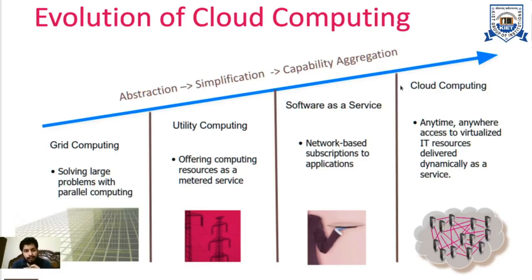In grid computing, a large problem is divided into smaller chunks, and those problems are handled by different computers. So you can say grid computing is a process of solving large problems with the help of parallel computing. Parallel computing means there is a problem, and instead of handling it sequentially, we divide the problem into n number of chunks and feed them to multiple computers, which may or may not be tightly coupled.